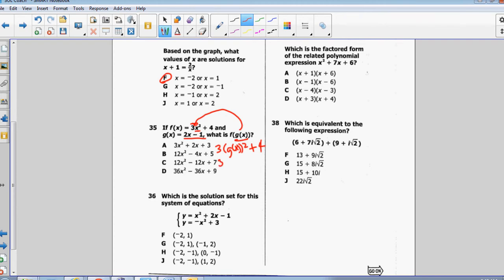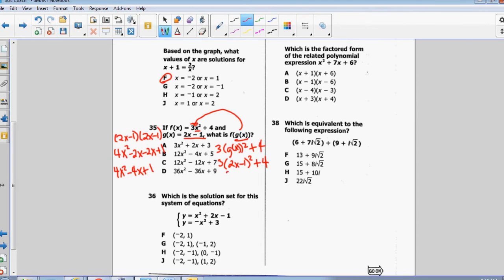So it's 3 times the square of 2x minus 1 plus 4. Then remember, to square 2x minus 1, I have to actually do 2x minus 1 times 2x minus 1, which gives me 4x squared minus 2x minus 2x plus 1. So that's 4x squared minus 4x plus 1.